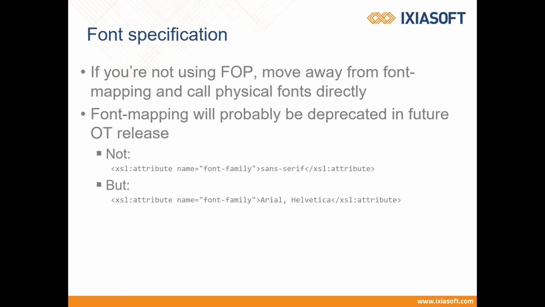Font specification. Robert was talking about fonts earlier this morning. If you're not using FOP, you don't have to do font mapping anymore. FOP still requires it, at least for now. But if you're using Antenna House or XEP, you can call your physical fonts directly from your attribute sets.